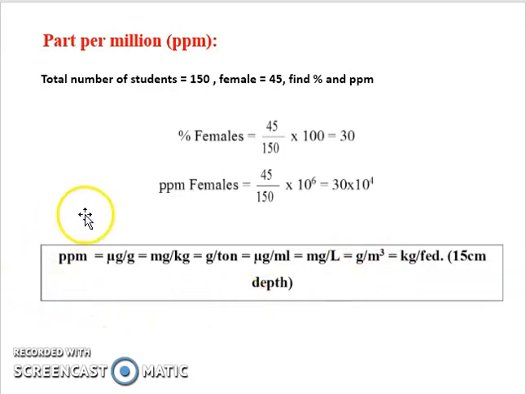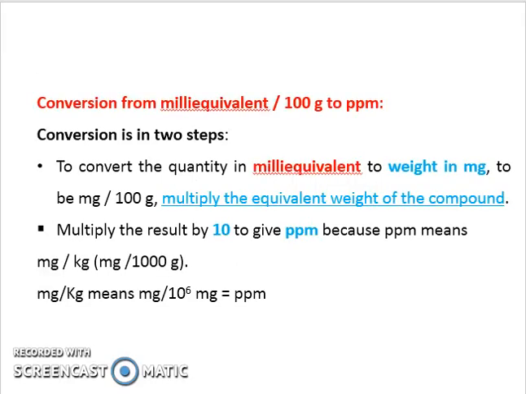So what I would like you to know is the meaning of equivalent and milli equivalent per liter, and how you convert milli equivalent per liter to ppm. To convert milli equivalent to weight in milligram, just multiply.